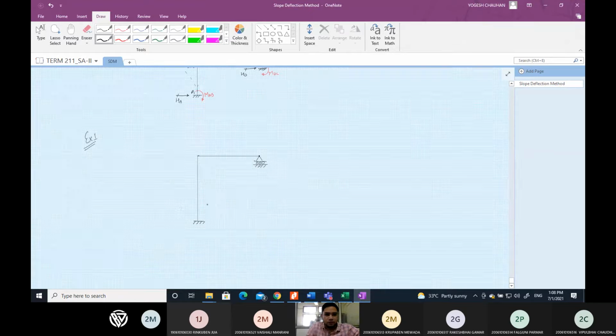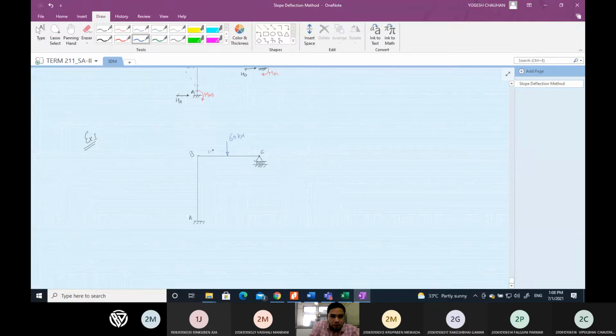Suppose we have a frame ABC, and it is subjected to a central point load of 60 kilonewton.